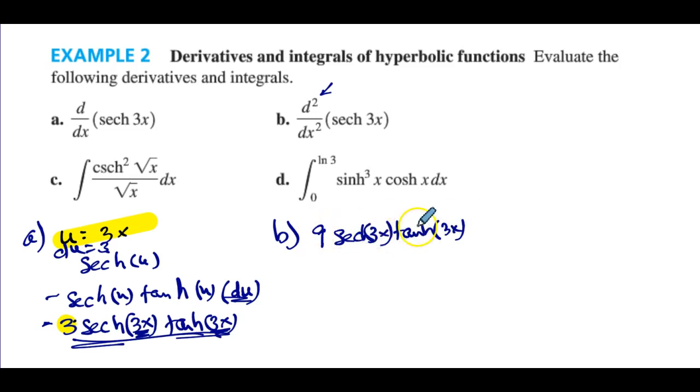That's the derivative of the first. Write down the second, plus the derivative of the second.